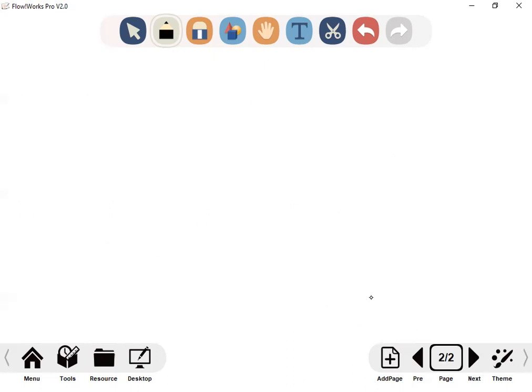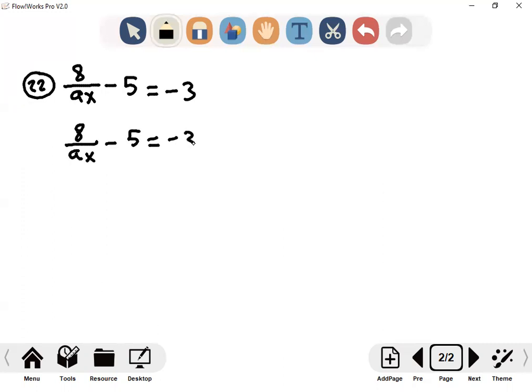Yes, Ammar. Yeah, 22. They are all the same idea. Solve for x, right? 22: 8 over ax minus 5 equals negative 3. First step, we need to get rid of negative 5. So here, 8 over ax minus 5 equals negative 3, plus 5 on both sides.